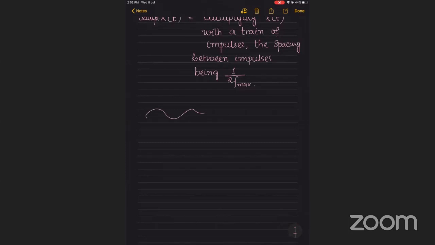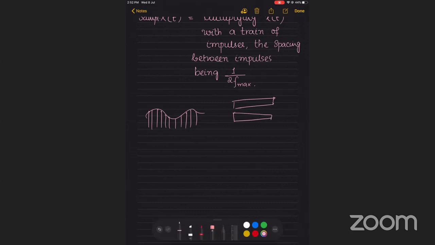Sampling is like you take a sheet of paper, and in that sheet of paper, you take a comb and press the comb against the paper. I have a sheet of paper. That is a continuous sheet of paper. Now what I do is I take a comb and then I press this comb against the sheet.